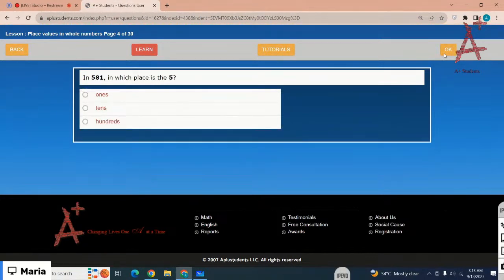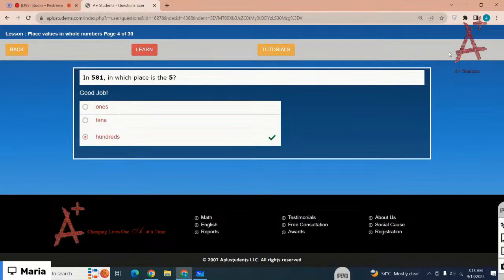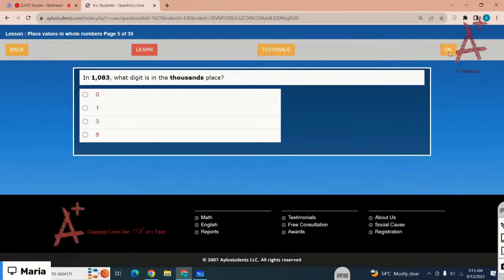In 581, in which place is the 5? Which is the correct option? 5 is at the hundreds place, right? The correct option is hundreds. In 1083, what digit is at the thousands place?